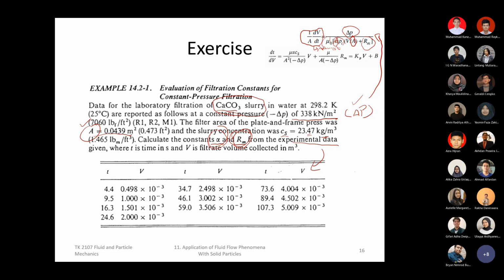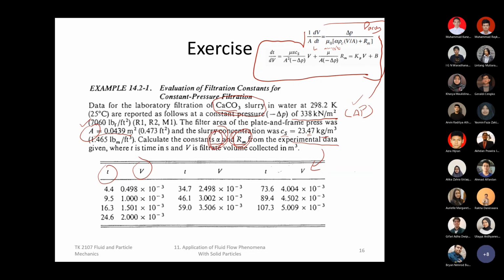So I will start again from this main equation. That's the Darcy one. So always start with the Darcy one for the filtration. Then see how you can rearrange the equation. Because what you have here is the dV per dt, or it can be expressed as dt per dV as well. So it's just a matter of what you will regress statistically.